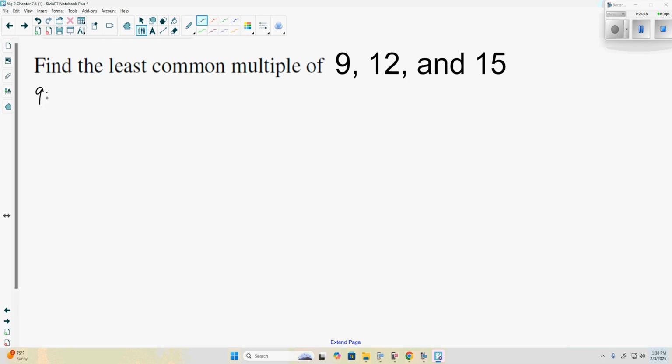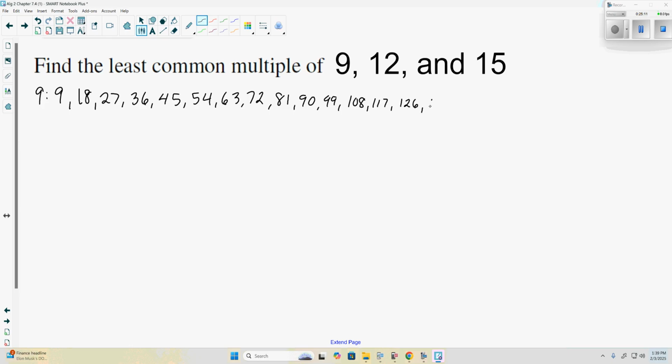For 9: 18, 27, 36, 45, 54, 63, 72, 81, 90, 99, 108, 117, 126, 135, 144, 153, 162, 171, 180, 189, 198. I'll stop there.